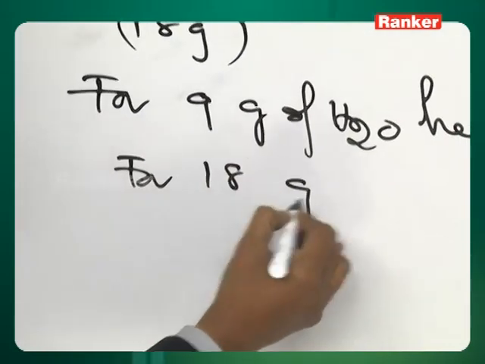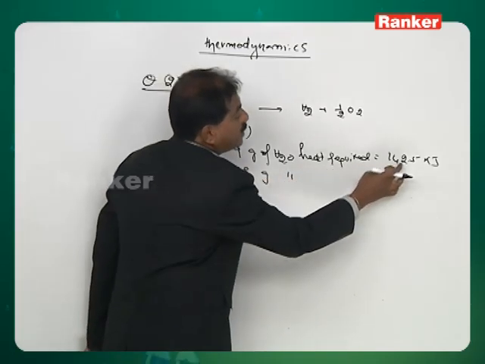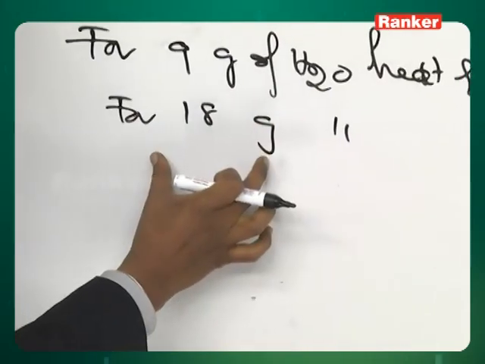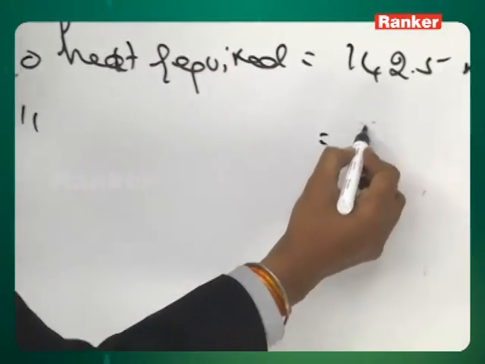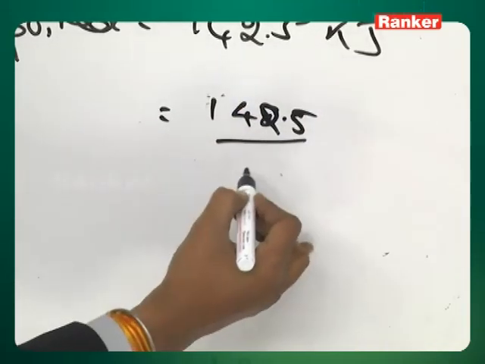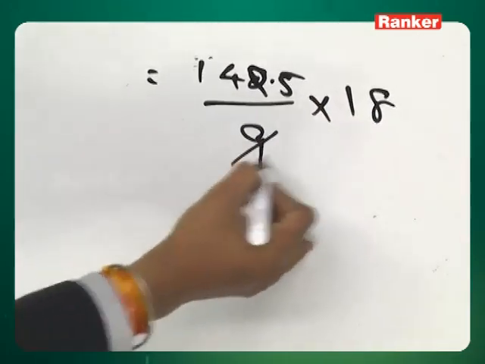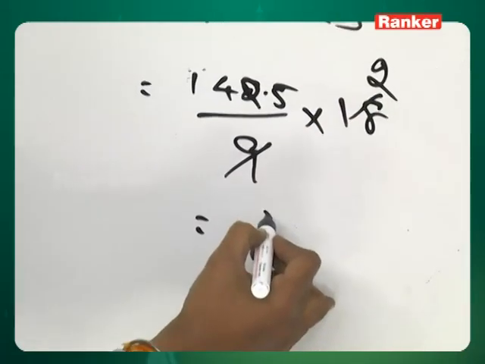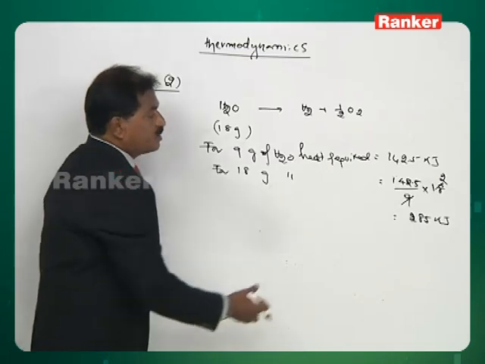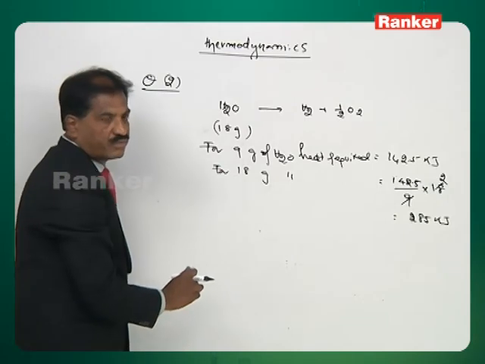For 9 grams of water, heat required is given as 142.5 kilojoules. Therefore, first calculate the heat required for the decomposition of 18 grams of water. For 18 grams of water, the calculation is 142.5 by 9 into 18. Therefore, this is 285 kilojoules. Based on this heat required to decompose 18 grams of water, now we have to calculate the heat of formation of water.